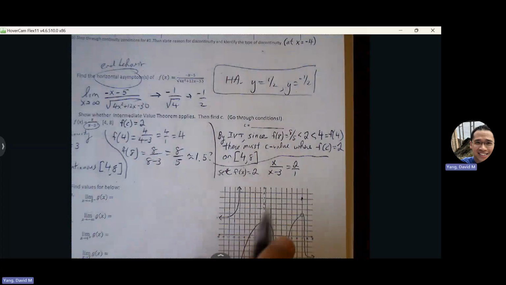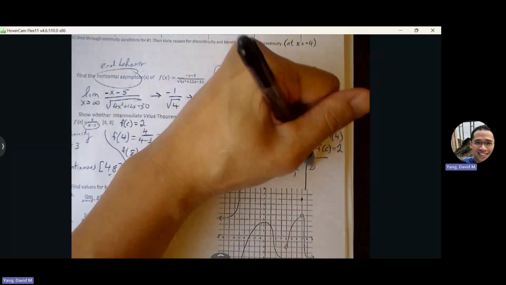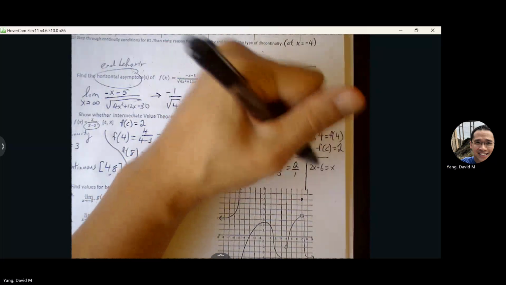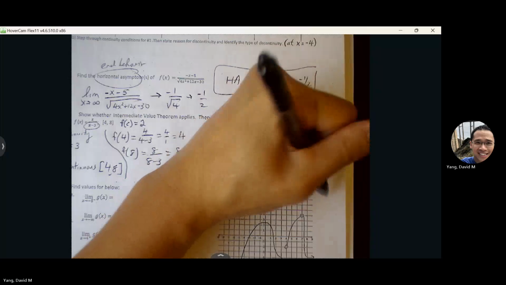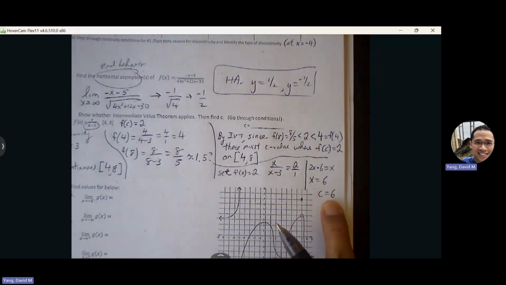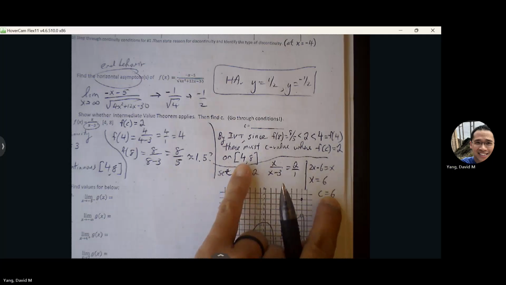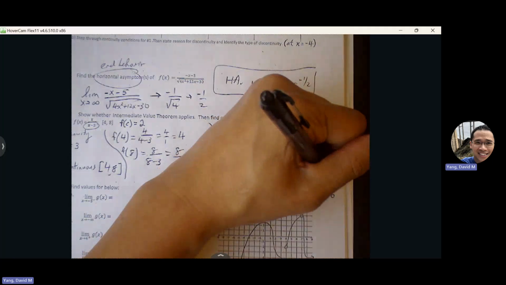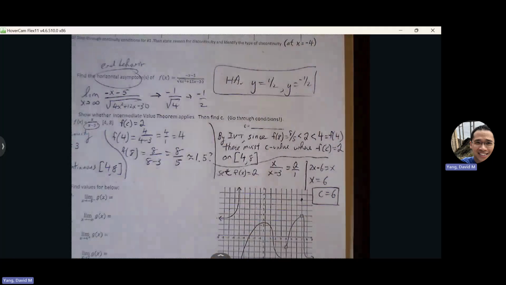I'm going to force a 1 below my denominator here, cross multiply and solve for X. Is that safely inside my interval? Yes, right. 6 is safely inside my interval. I don't have to remove anything. That's my solution.